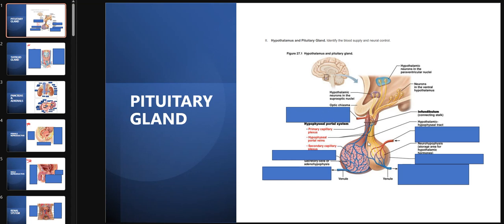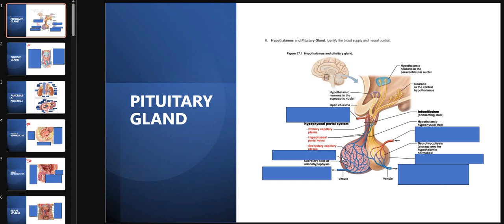So we have the pituitary gland here. We have superior hypophyseal artery, inferior hypophyseal artery. This is the anterior lobe of the pituitary gland, posterior lobe of the pituitary gland. And right here in the bottom are some hormones. So posterior pituitary secretes oxytocin from the periventricular nuclei and ADH from the supraoptic nuclei.